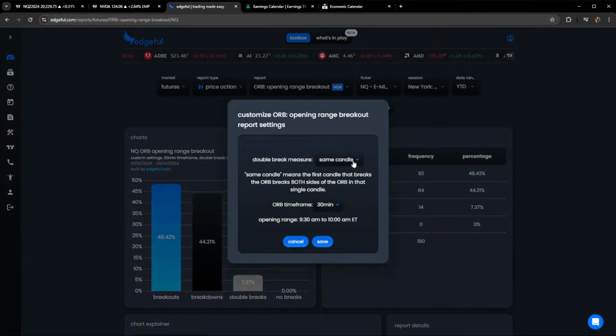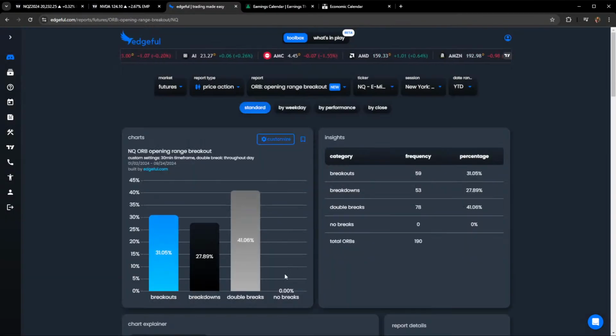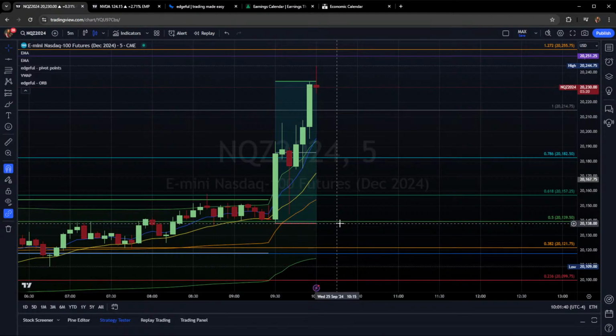Now I can change this to throughout the day. So we have less than 0.5% chance, or less than half probability that we break this as well today. I mean, once you already break this, that's tough.